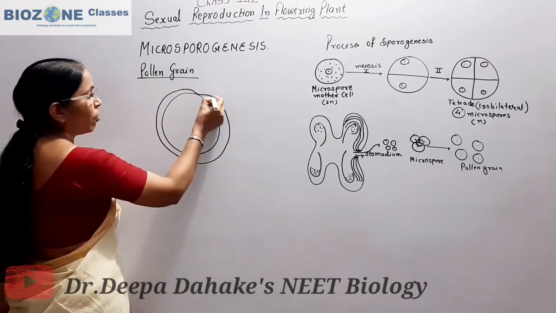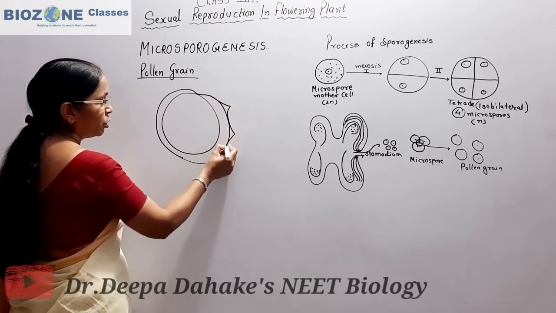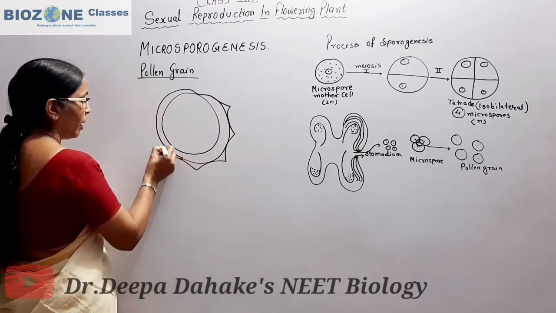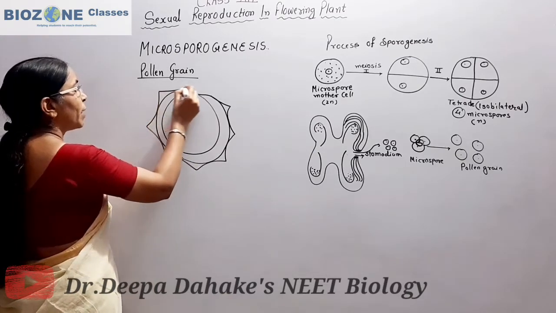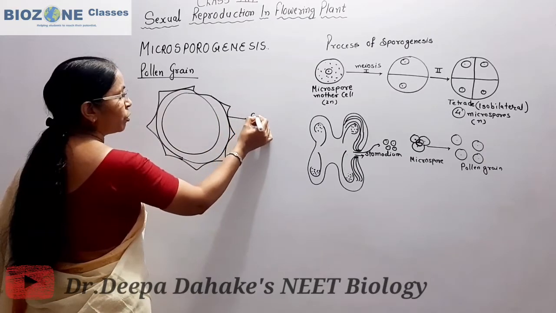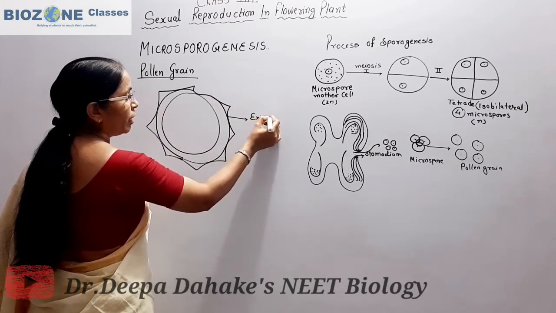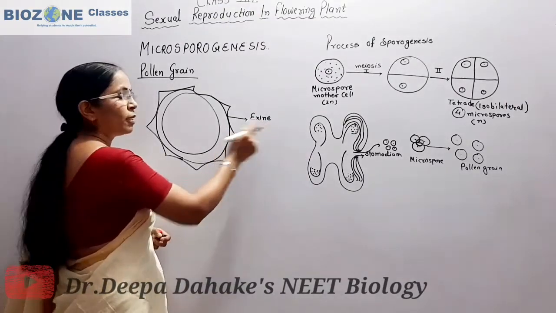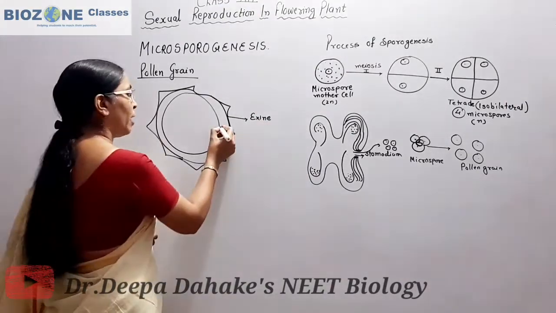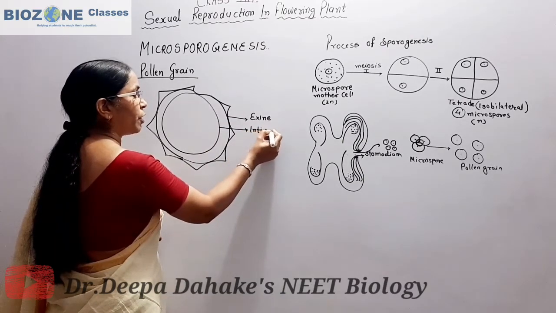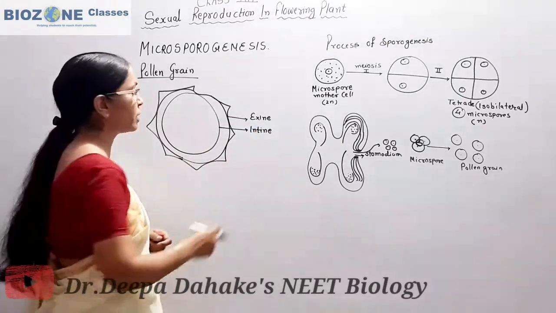The outer wall of the pollen grain shows a spiny outgrowth, and this spiny outgrowth is mainly because of the deposition of sporopollenin. So first remember the two walls. The outer wall is called the exine and the inner wall of the pollen grain is called the intine. First thing you remember this.